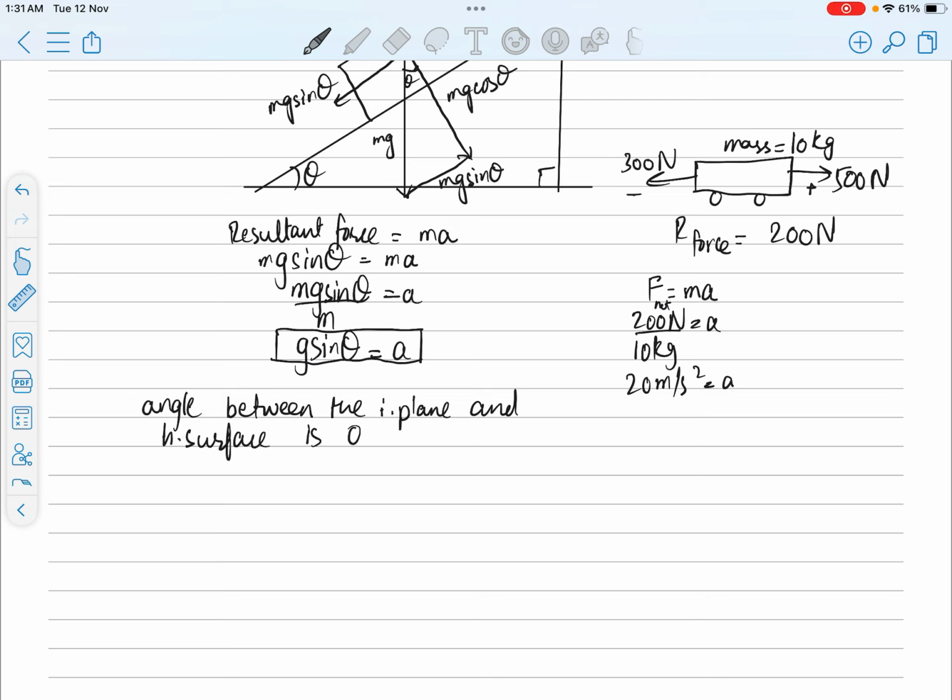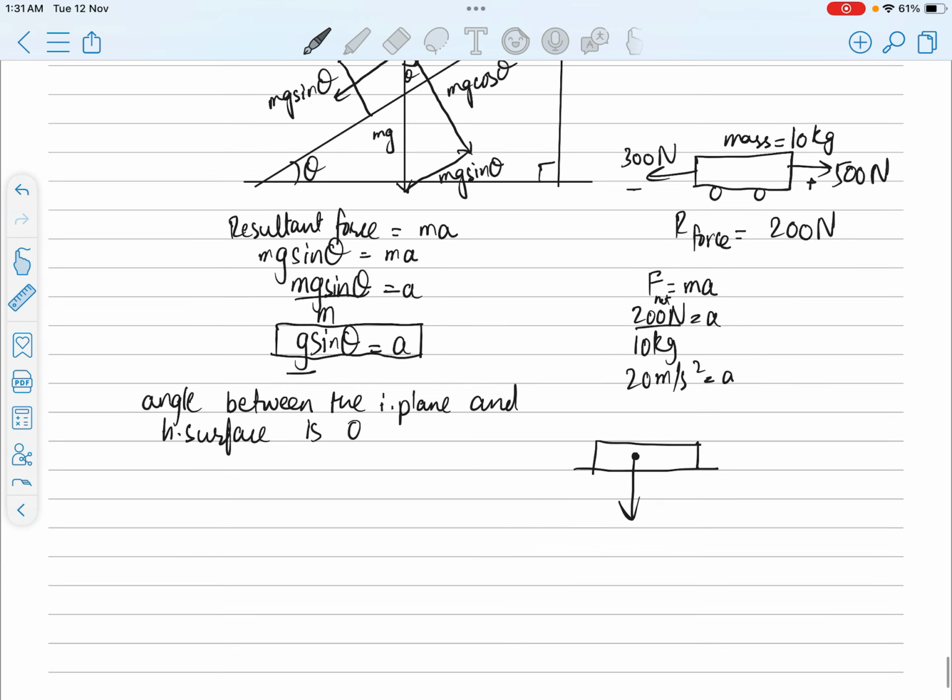For example, if the body is like this, the weight is acting downward, and g is basically the gravitational acceleration in this case.